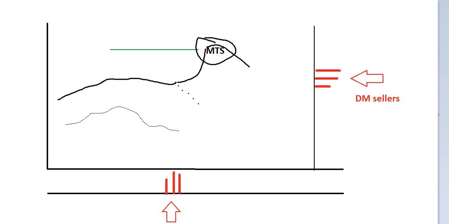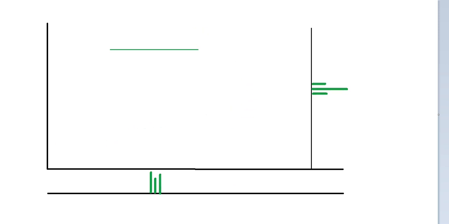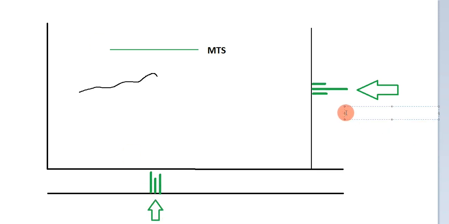Okay. Now we look at the opposite scenario. Still with the MTS here above the price. And then suddenly the dumb money goes long. They are buying into the market, okay? The dumb money longies, the dumb money buyers are entering the market.